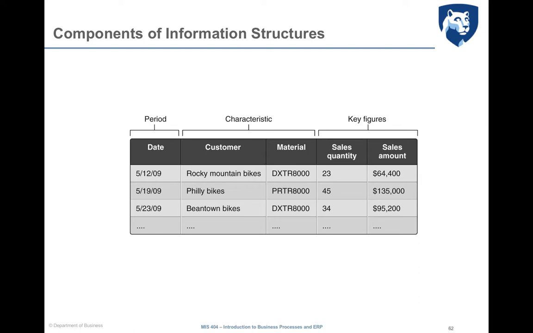In particular, we have already said that all systems start from transaction data and create what we now can call information structures. So they store information in a data warehouse through information structures. Information structures are multiple fields that capture and store specific transaction data in an aggregated and summarized form that then enables users to analyze the data as needed.